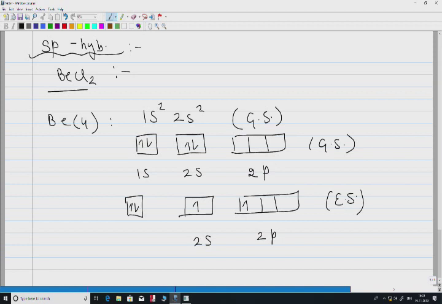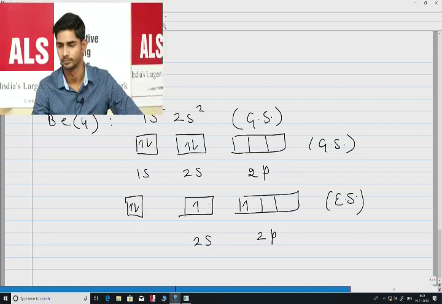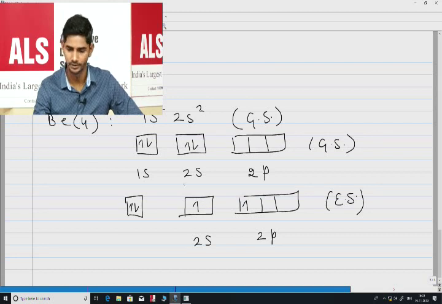Yes, absolutely right. Okay, see, I'll focus only on these two orbitals.